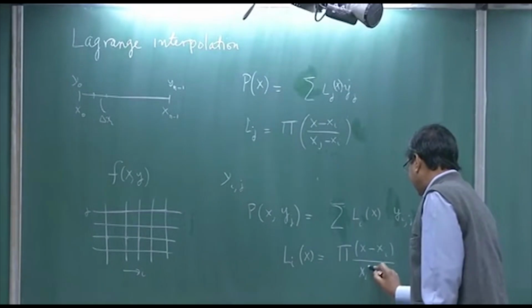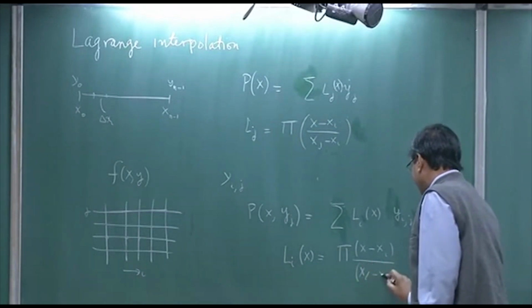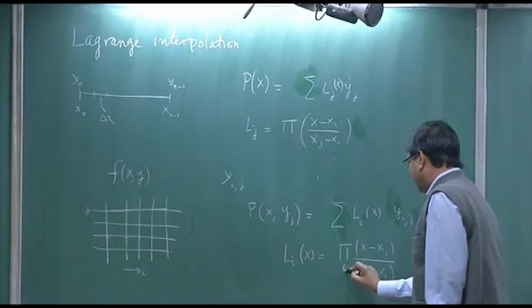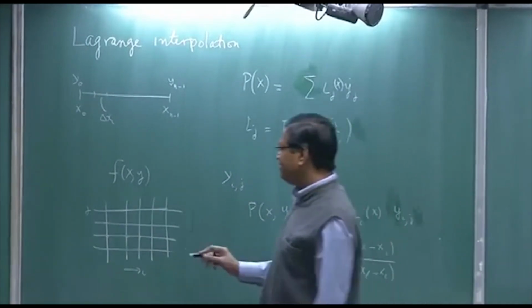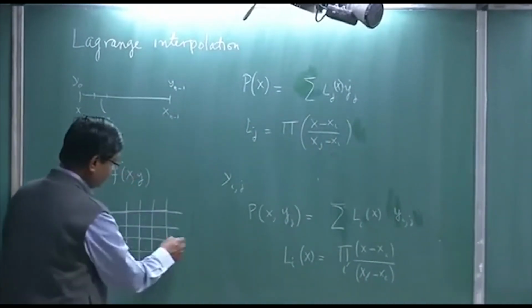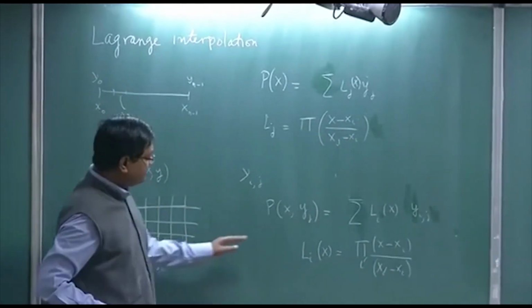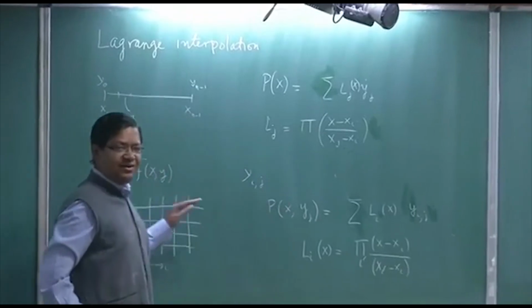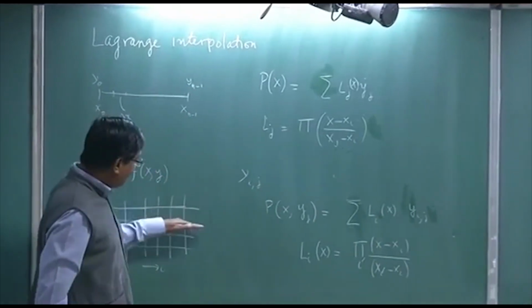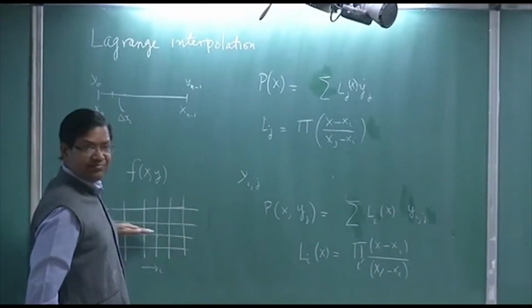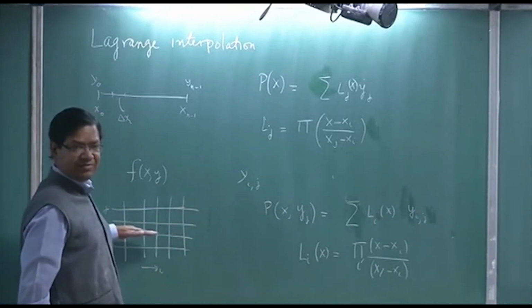So it is xi prime over xi minus xi prime, where i prime is the running index in that direction. So this is going to give me interpolated values on a given horizontal line.